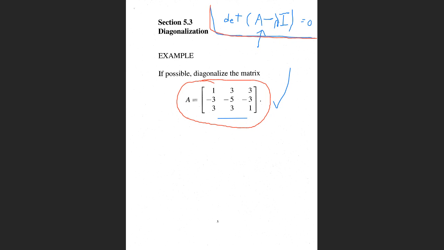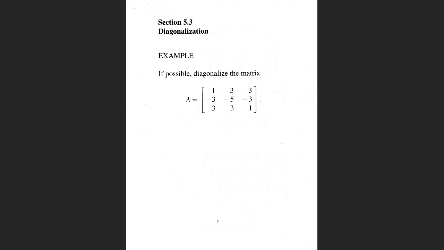Okay, just so I'm having the problem all together here, the characteristic polynomial is equal to 1 minus lambda times lambda plus 2, that quantity squared.